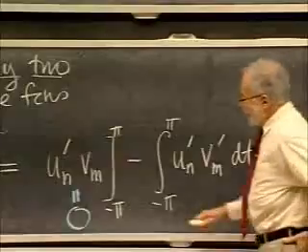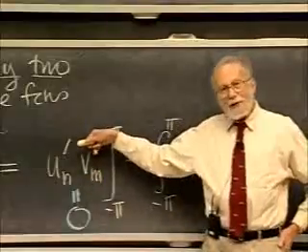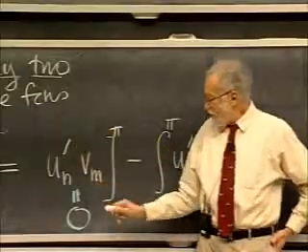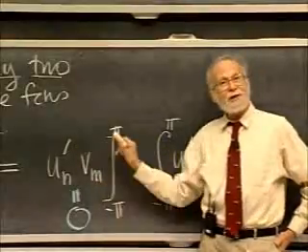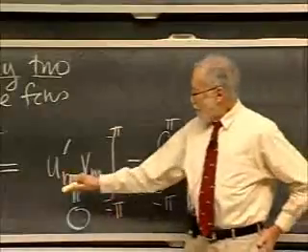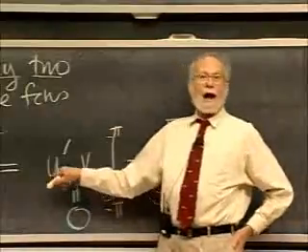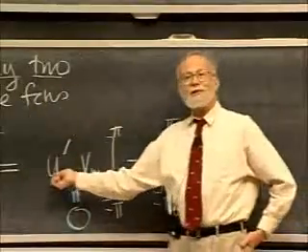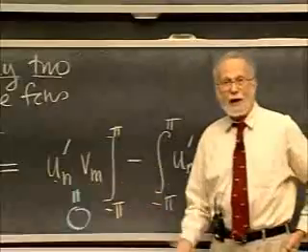It's clear, for example, that if V is a sine, of course it's 0 because the sine vanishes at both pi and minus pi. If the U_n were a cosine, after I differentiated, it became a sine, and so now it's this sine guy that's 0 at both ends.